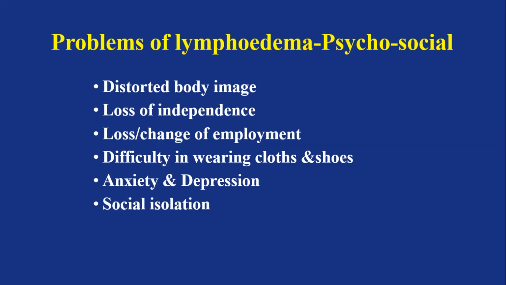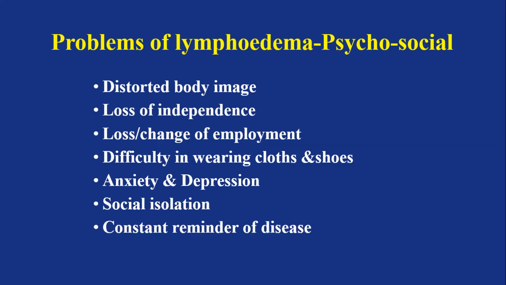And social isolation. Nobody is willing to expose their limbs in society, so social isolation will be there. Friends or relatives are sometimes not willing to see this type of patient because of misconception.